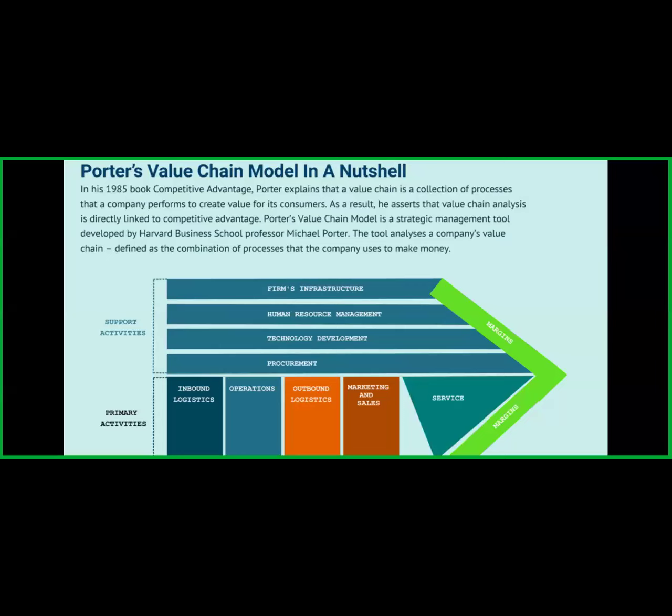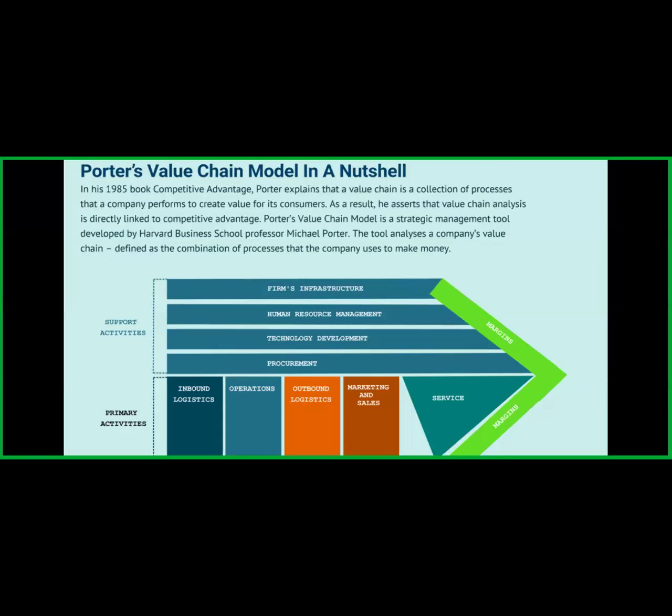Outbound logistics, we have already discussed. Then marketing and sales. Once you have manufactured the product, your logistics are fixed, that is how you will be sending that product to various shops, showrooms, and dealerships. Then you have to talk about marketing and sales: how you are going to market your product, how you are going to increase the sale of your product, and the strategies you will be making related to marketing and sale of your product.